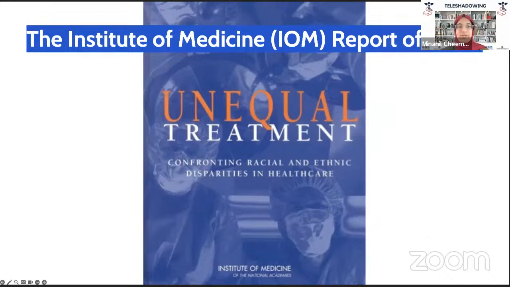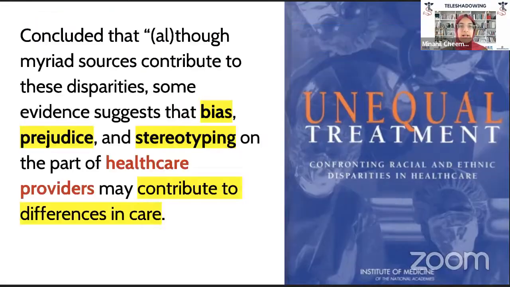Once the Institute of Medicine was commissioned to do the research in the late 90s, they spent a couple of years on it and released a report in 2003, entitled "Unequal Treatment: Confronting Racial and Ethnic Disparities in Healthcare." Not only did they investigate it, they found it to be true that racial and ethnic disparities were happening.